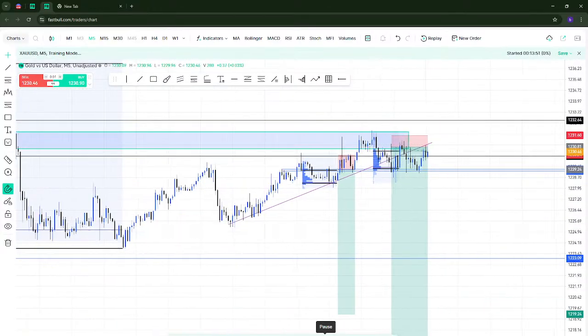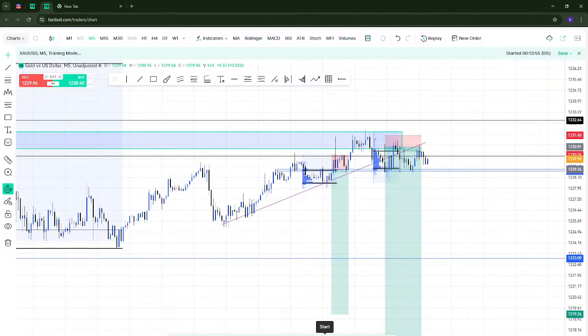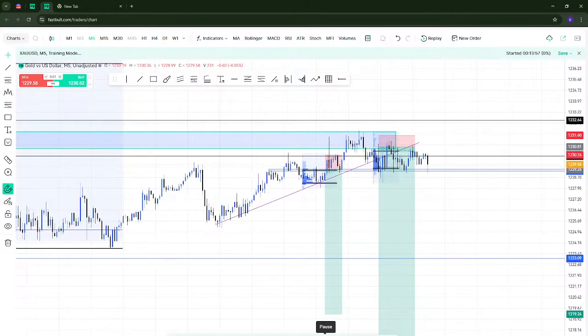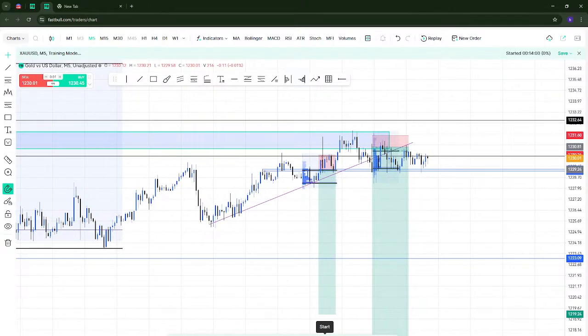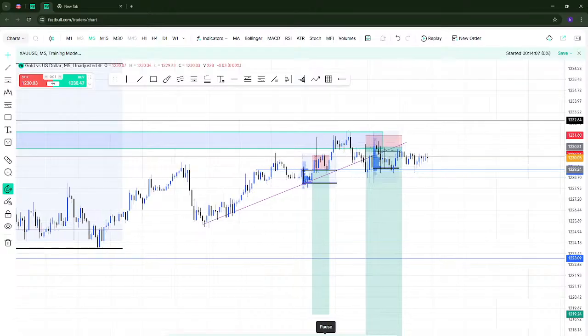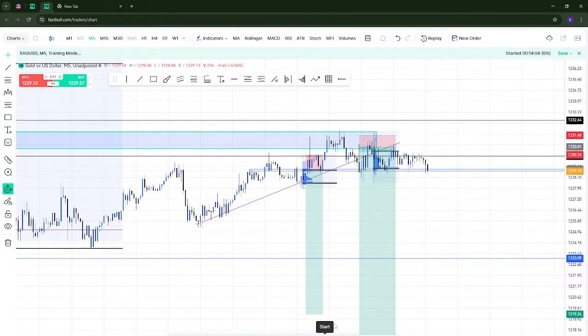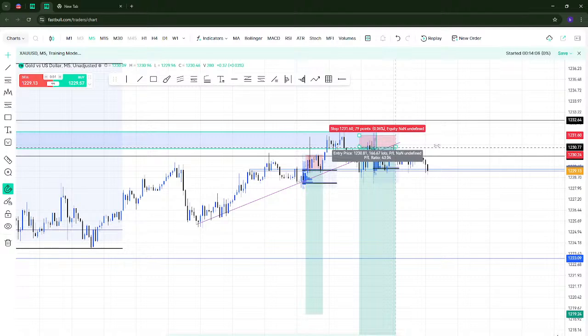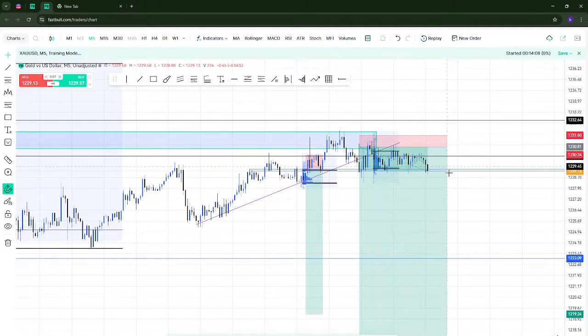Anyway, sometimes the market will tempt you. Yeah, it will get into your nerves. This is gold, that's how it always is. See, this was a bad consolidation, but you can see the first trade was not tagged out yet.